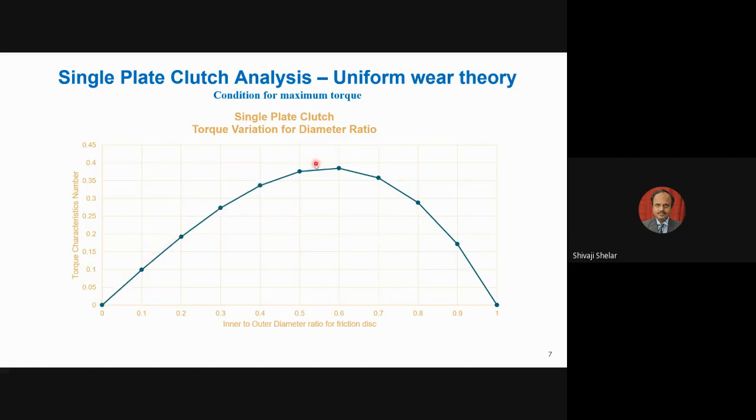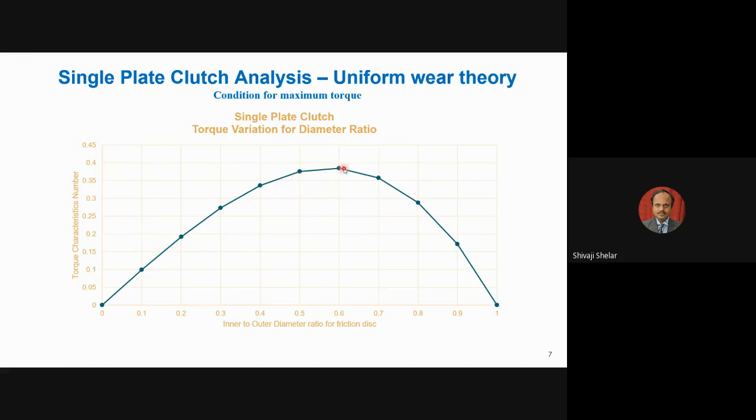But this increases only up to a certain point, around 0.577, where you have the maximum torque characteristic number.